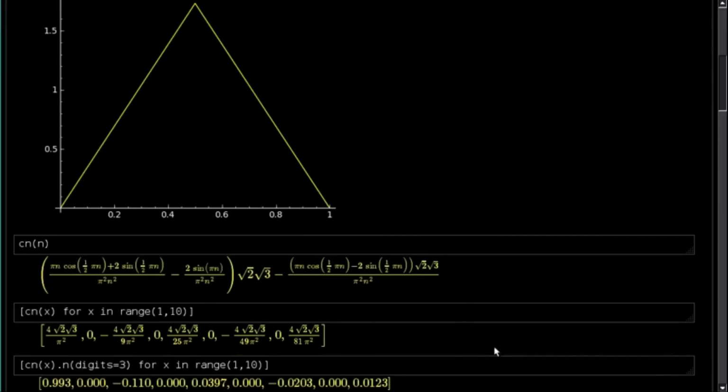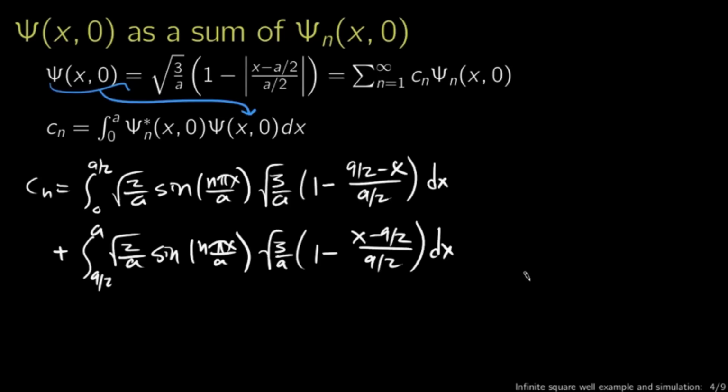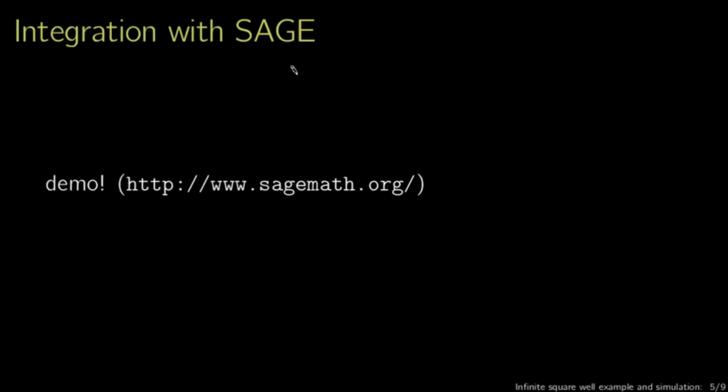You can see I've done more with this Sage notebook, and we'll come back to it in a moment. But for now, these are the sorts of expressions that you get for c sub n. So our demo with Sage tells us C sub n equals some messy expression. And it can evaluate that messy expression and tell us what we need to know.